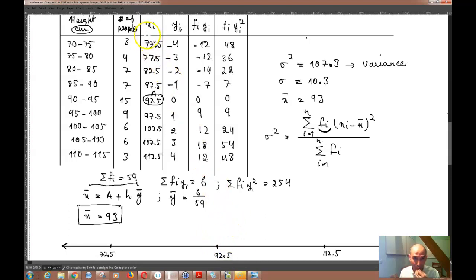Now we had all of these observations over here, right? What we have done is that we have taken each of these observations, and in the case of this observation, we have taken the distance of the observation from the mean, and that distance I have squared.